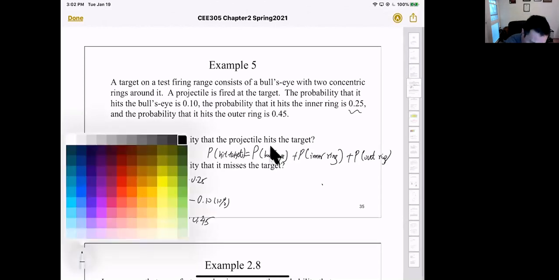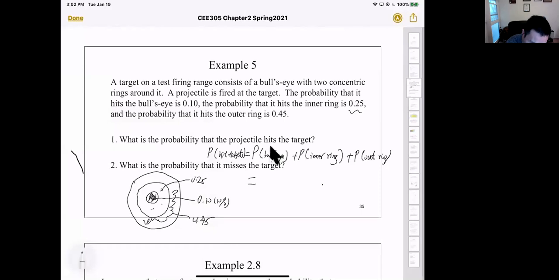So we can simply add the probabilities together. 0.1 plus 0.25 plus 0.45, so this is 0.8.